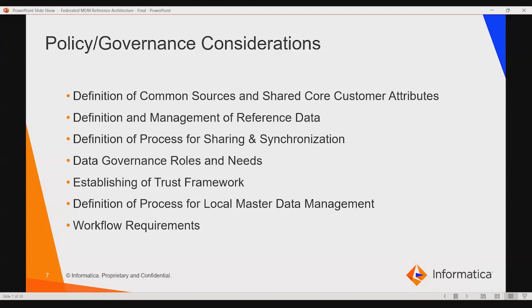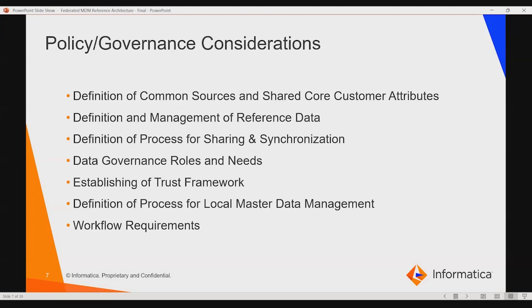We need to define the management of reference data, of course. Reference data is a very tricky part, but it's also a very important part. Generally, whichever domains you're mastering, or if you're mastering multiple domains, reference data tends to be different for different countries.